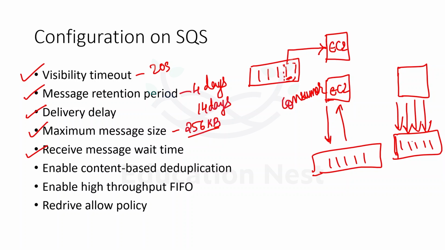In short polling we receive the message as soon as it arrives in the queue, but the number of API calls increases, therefore the charge also increases. So that is receive message wait time. If we set this receive message wait time as 0, it means we want short polling. If it is anything greater than 0, it becomes long polling.